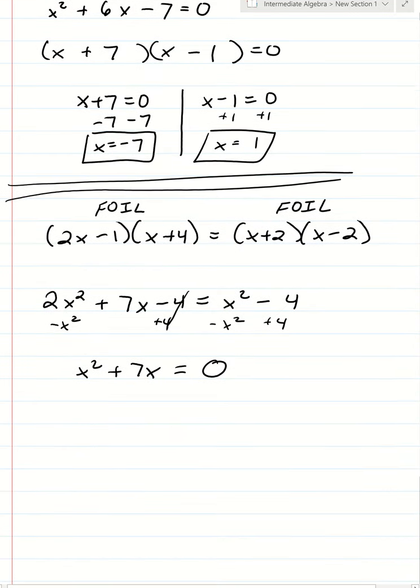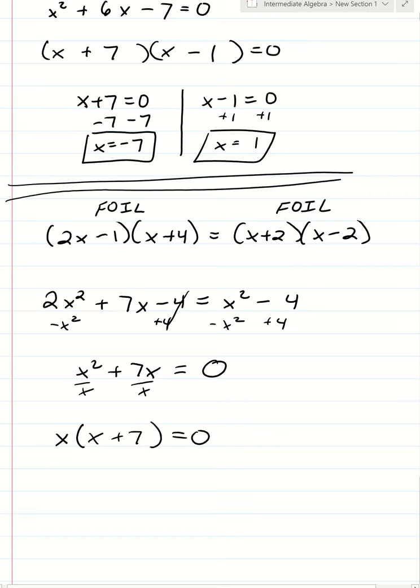Now from a factoring point of view, this one isn't too bad. The only thing that we can factor is a common factor of x. By factoring out an x from the first term, we're left with x. By factoring out an x from the second term, we're left with a plus 7.